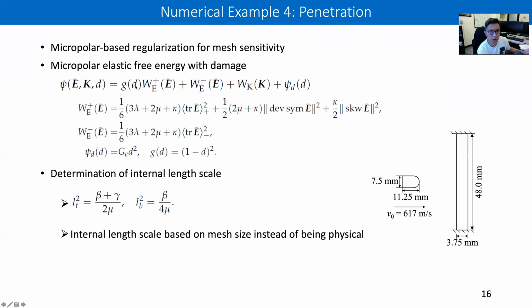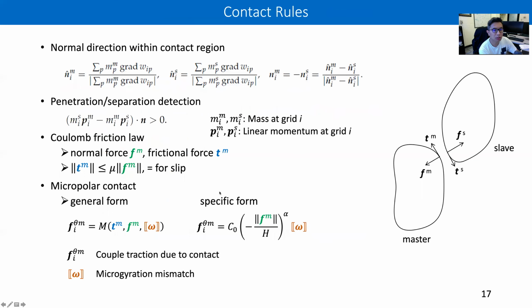Only the first term is degraded, and we assume that the term corresponding to the curvature is not damaged. We want to see whether the internal length scale here would have an effect on the penetration problem.